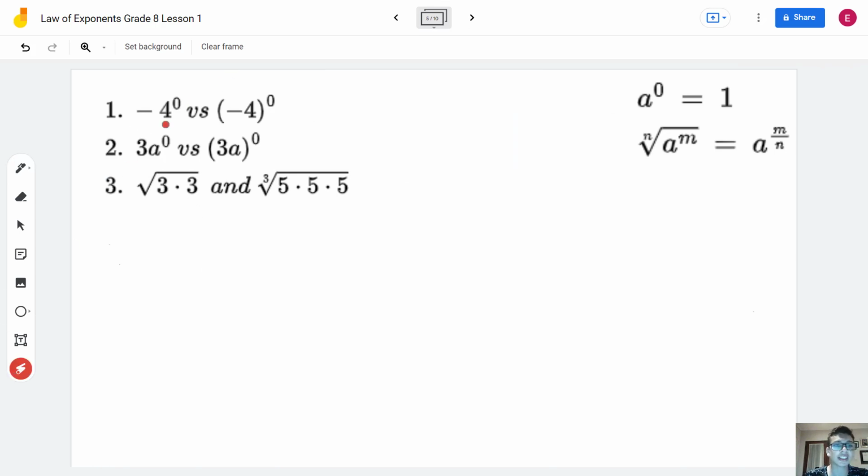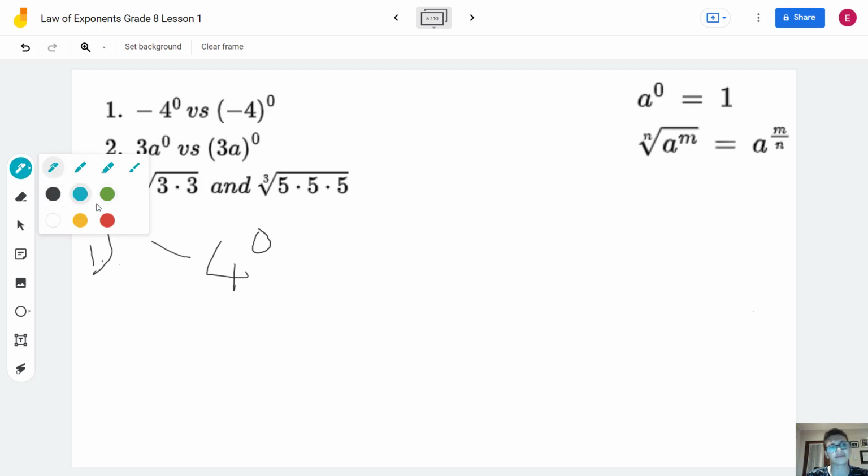The first question says, what is the difference between -4 to the power 0 versus, in brackets, (-4) to the power 0? Okay, so if we look at question 1, -4 to the power 0. Now think of this: because there's no brackets, try adding almost like an invisible bracket around the 4.